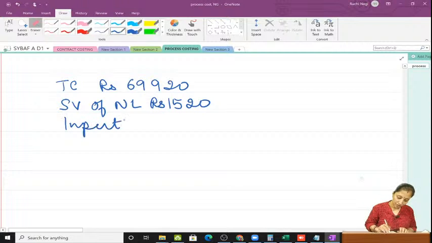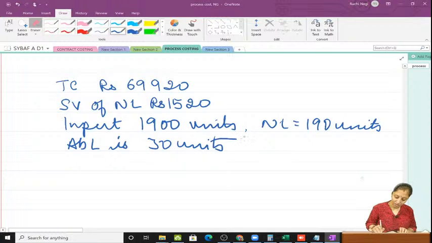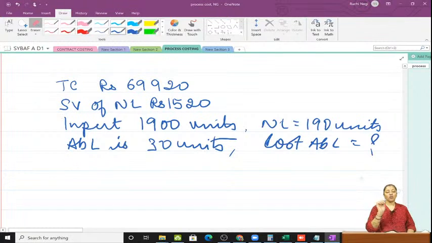Input is 1900 units. Normal loss is 190 units. Abnormal loss is 30 units. So how much will be the cost of your abnormal loss? I need abnormal loss in rupees. How will you solve this sum?